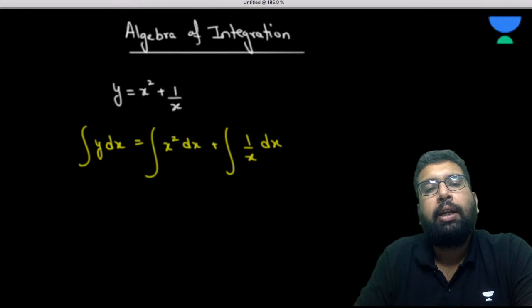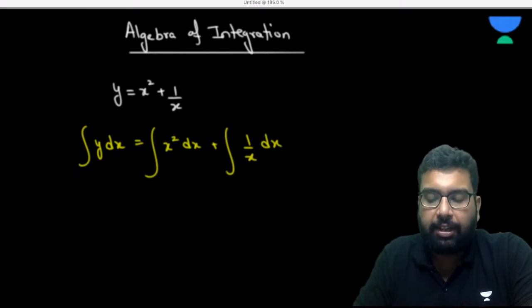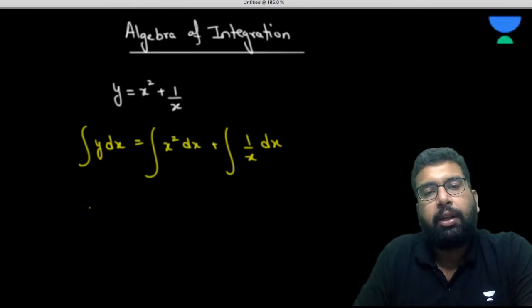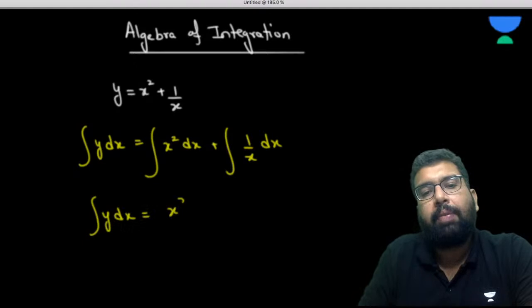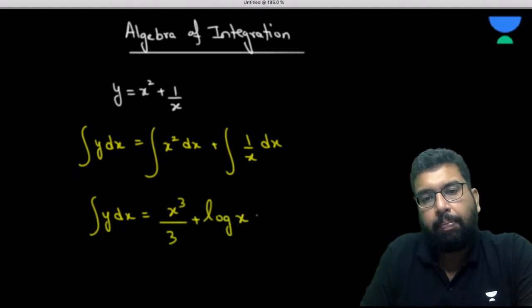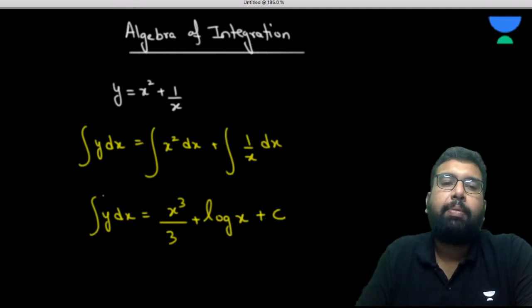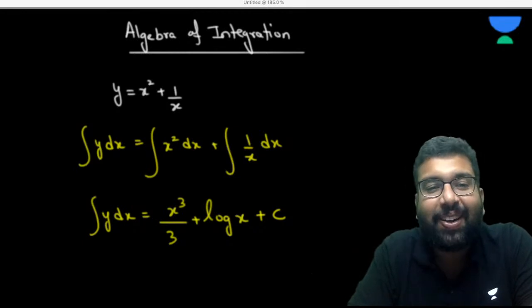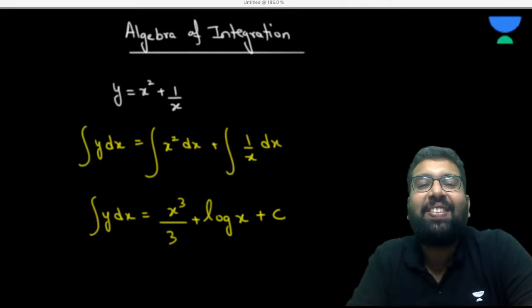You just take your integration to each and every term on the right hand side. Very, very easy. So this will become x cubed by 3 plus log x plus c. Don't forget this c, my dear. C is very, very important. You are going to see the importance of c very soon.